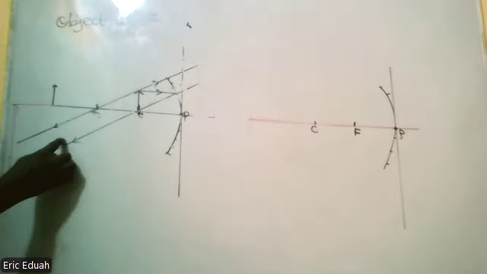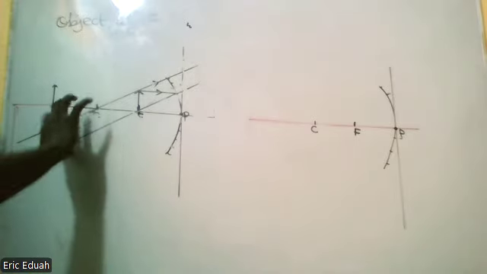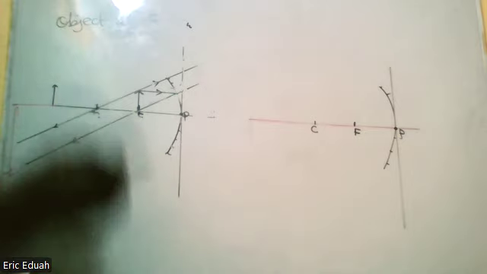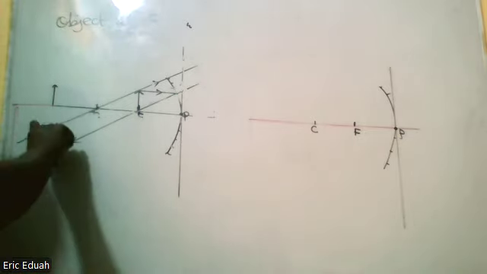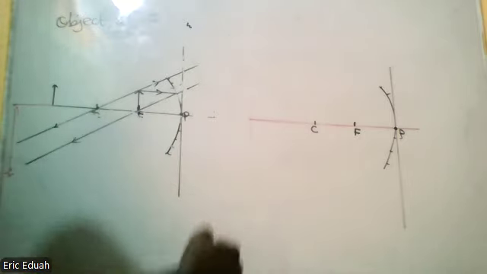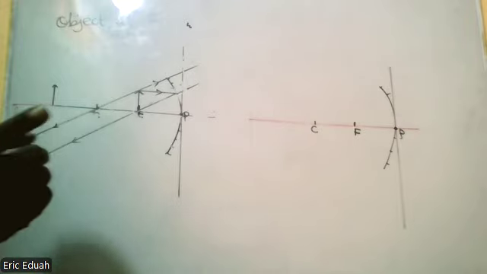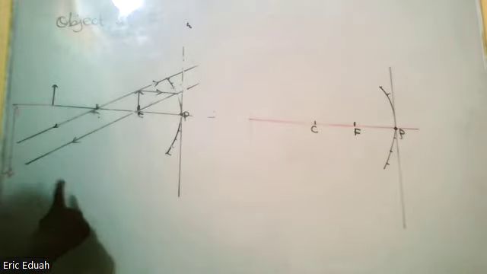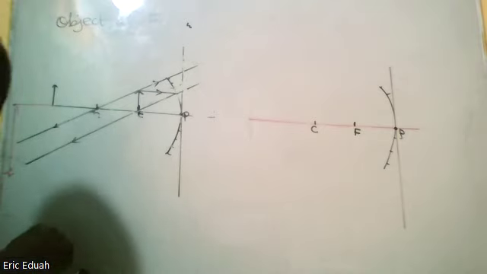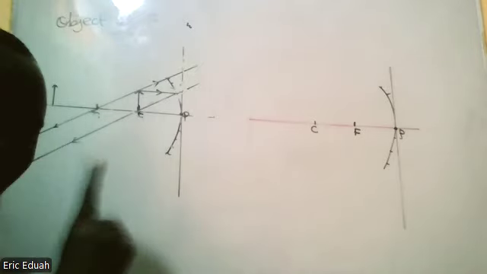Just as, look at these two reflected rays, because they are parallel to one another, we get to the conclusion that the image will be formed at infinity. So whenever reflected rays are parallel, the conclusion is that they meet at infinity. Whenever incident rays are parallel, the conclusion is that they are coming from infinity.